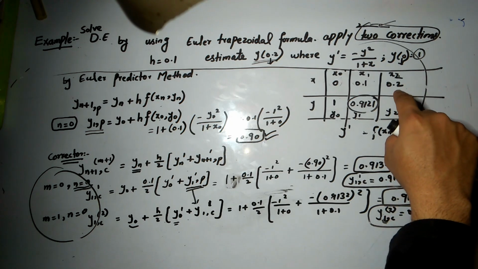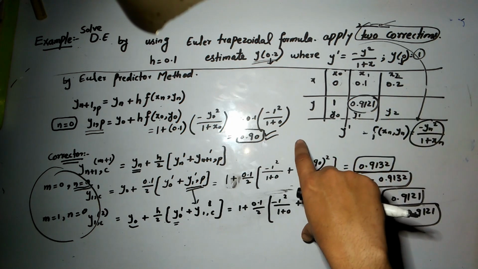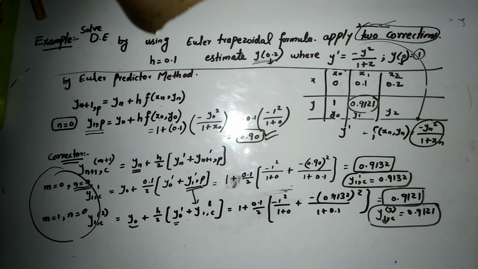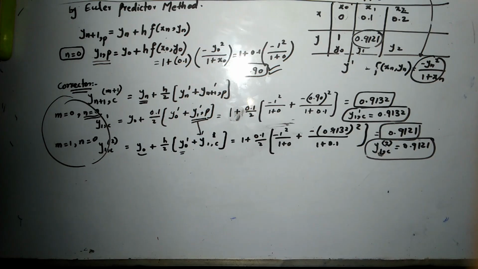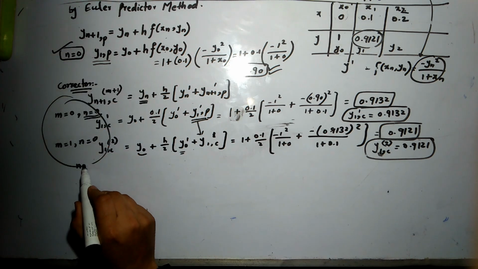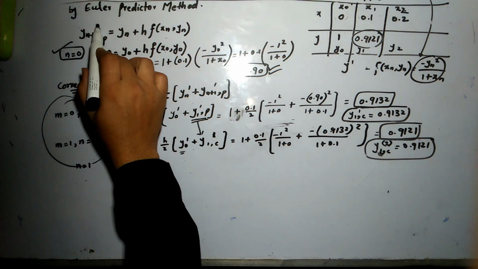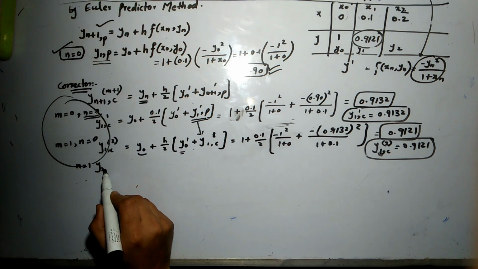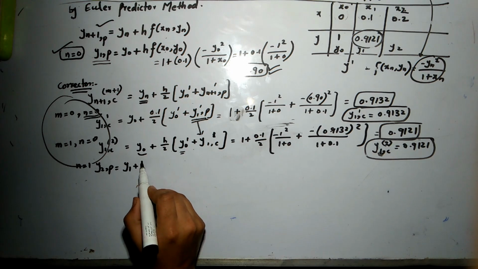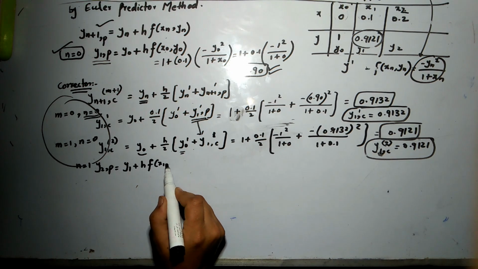Similarly, to find y2 we will repeat this whole procedure. Now we will simply put n is equal to 0 and then n is equal to 1 in the Euler formula. So this will become y of 2 p equal to y of 1 plus h f of x1 and y1.